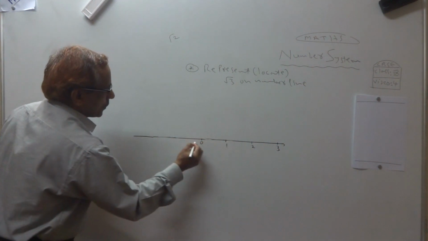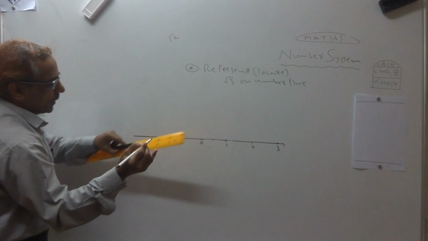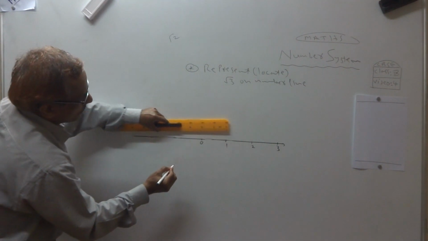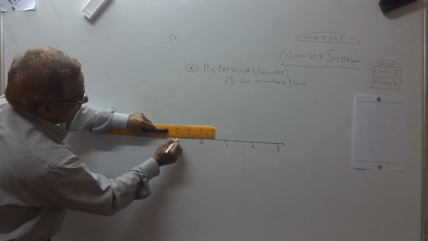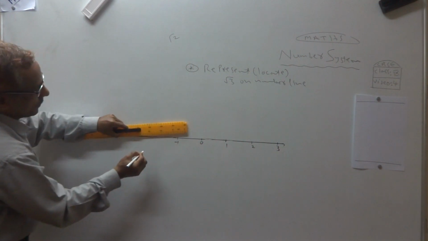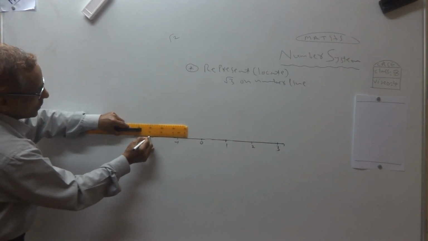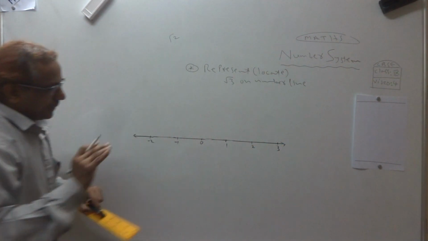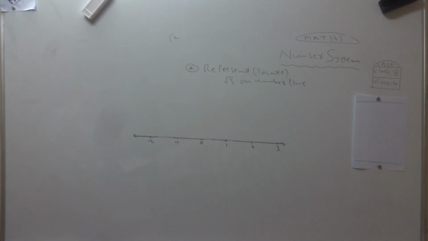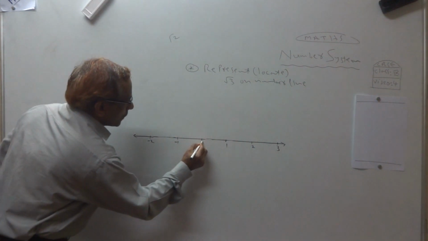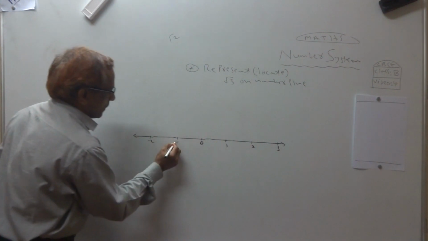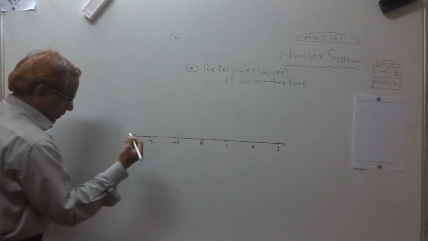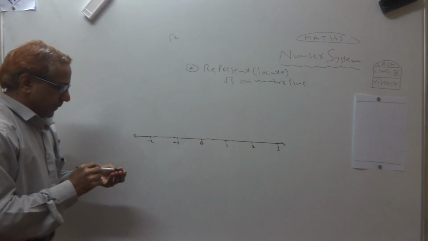On the left side it is -1, -2, like that. So first we have to take the number line. Is it clear? 0, 1, 2, 3, -1, -2, -3, like that.